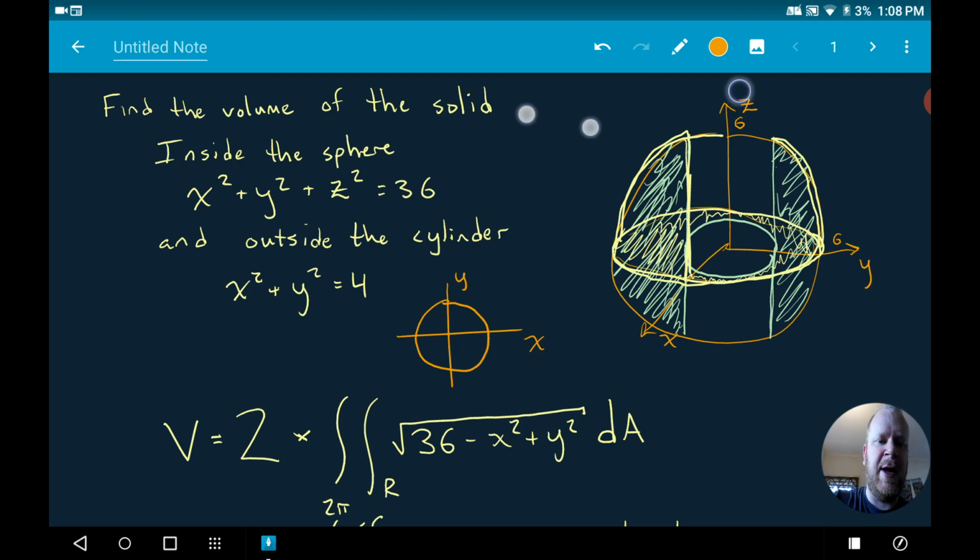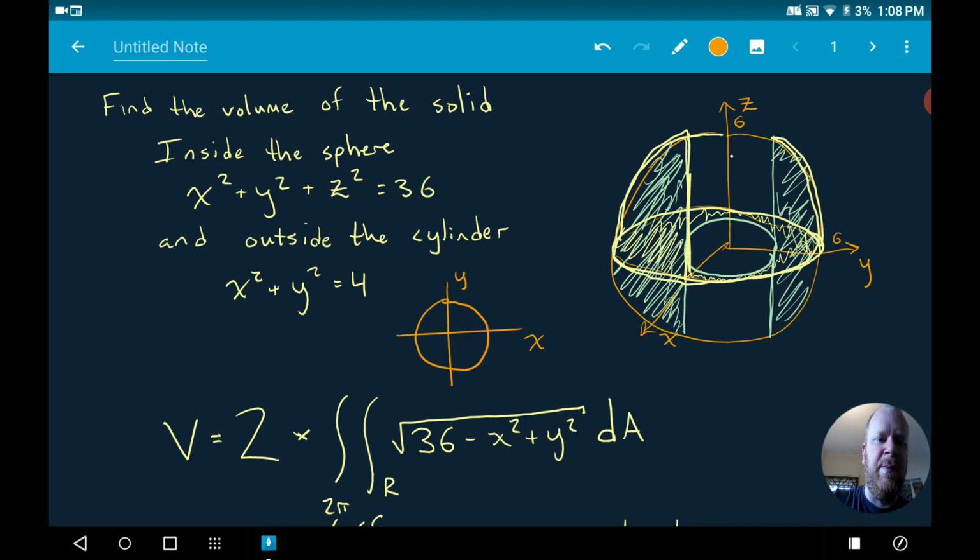So I like to start at sort of the positive infinity z, way up here in space, and then I'm going to drop a line through this. The first surface that I'm going to intersect is the top half of this sphere, and then the bottom is going to be the bottom half of the sphere. So it never touches any other surfaces as we pass through that solid.